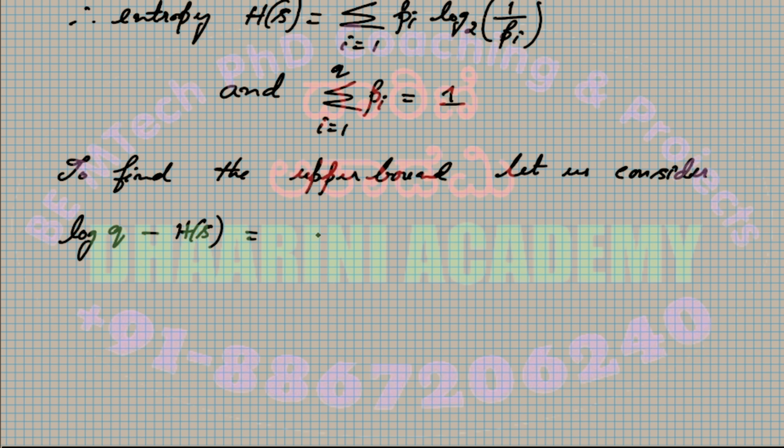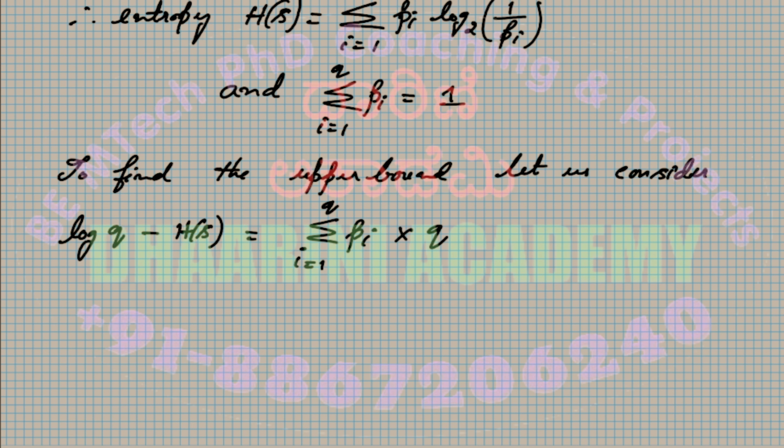I can write this as 1 into log Q, and that 1 I am going to write as summation i is equal to 1 to Q of Pi, into log Q.